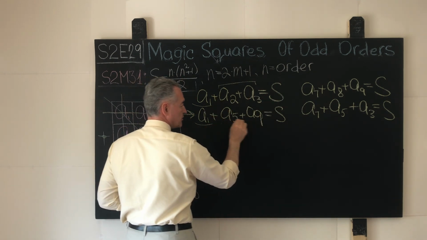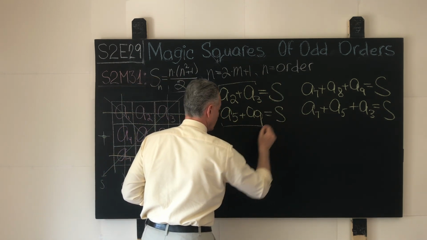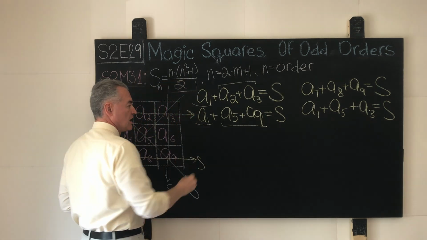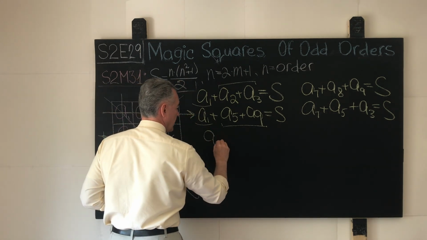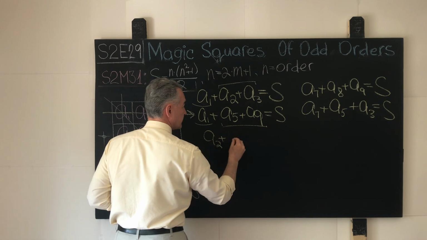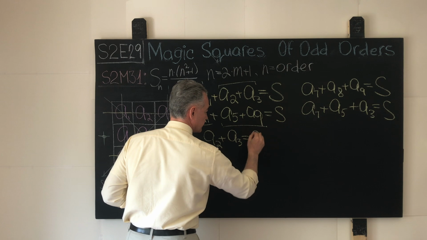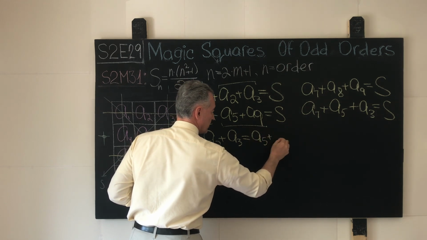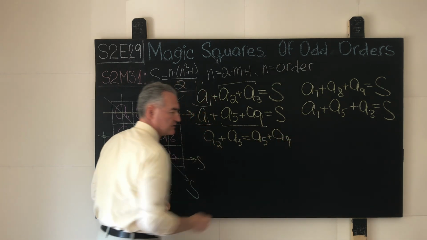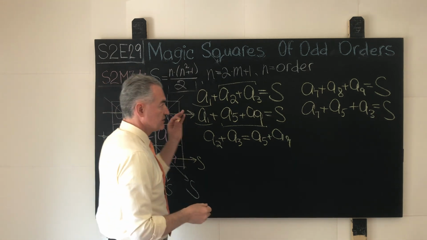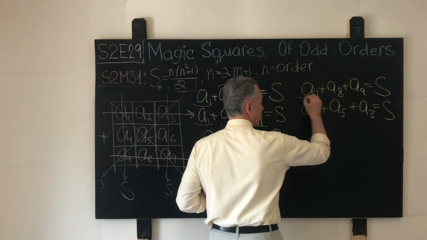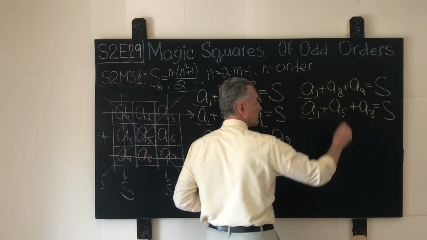And this sum of elements a5 and a9 will also be what? S minus a1. That means that a2 plus a3 is the same as a5 plus a9. So far so good. Same maneuver applies over here. a7, a7.